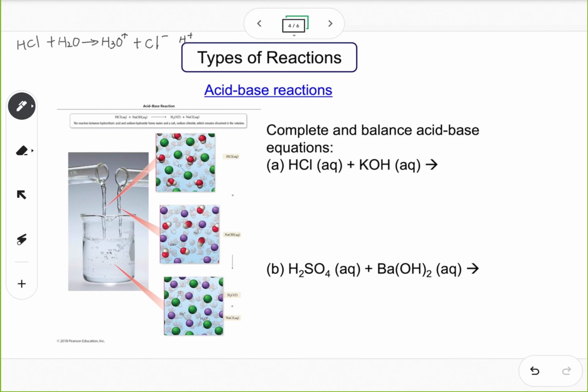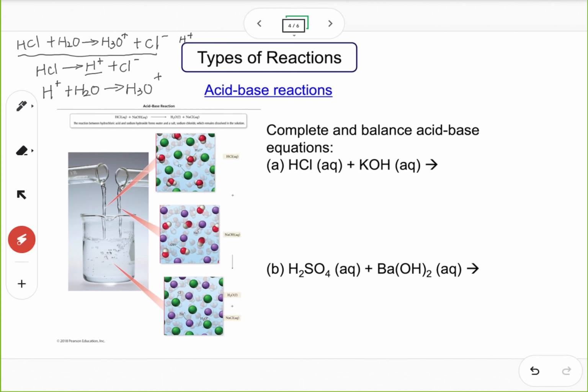If you want me to break this equation into two different steps, it's going to be something like this. HCl first dissociates to give you H plus and Cl minus, and H plus will bind with water to generate H3O plus. If you combine those two sub-reaction equations, you will have this overall equation. So do not be surprised if you see H3O plus when you consider the dissociation of an acid.